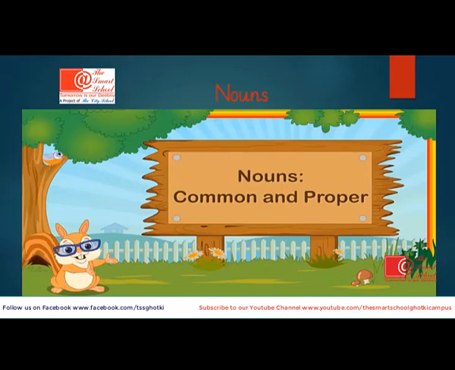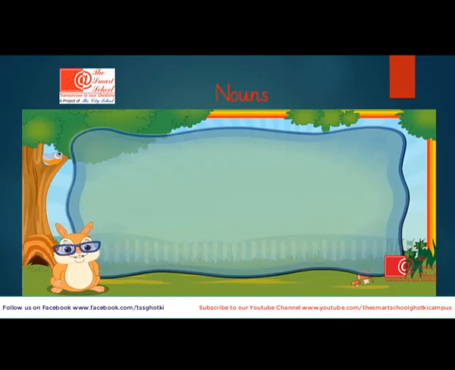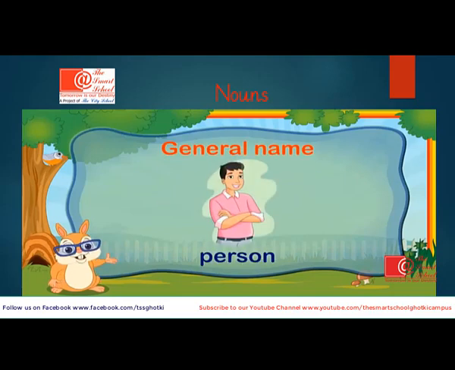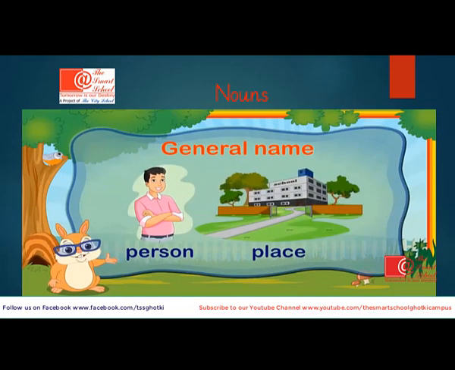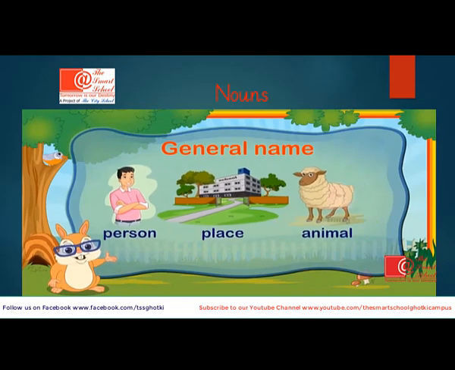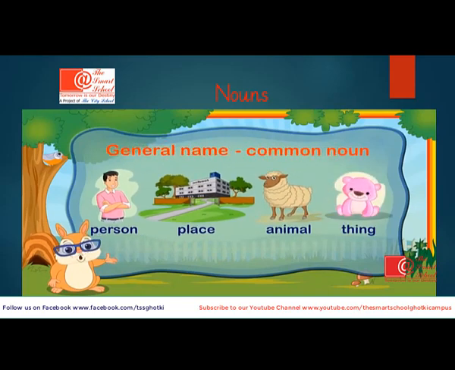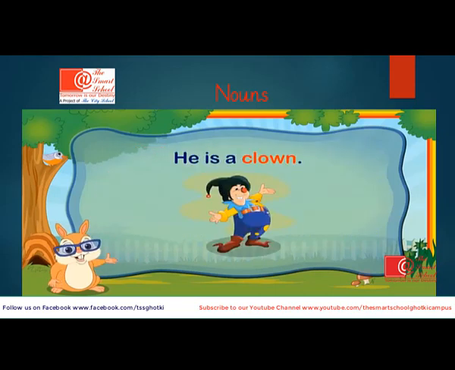Nouns, common and proper. The general name of a person, place, animal, or a thing is a common noun. For example, he is a clown.